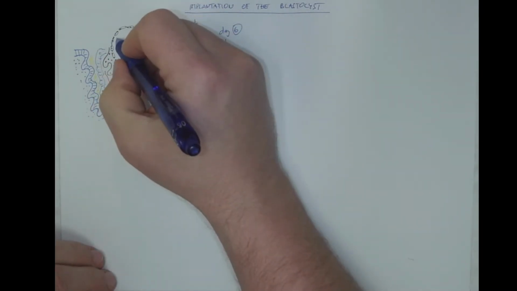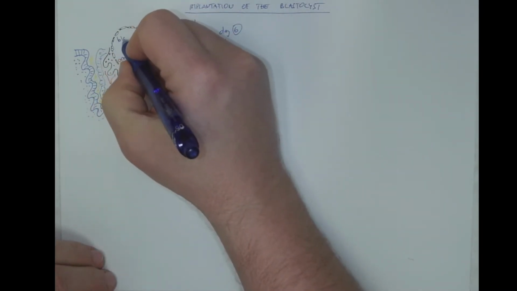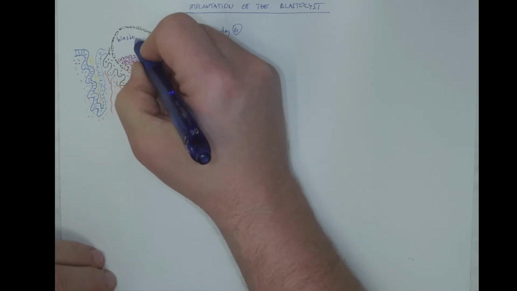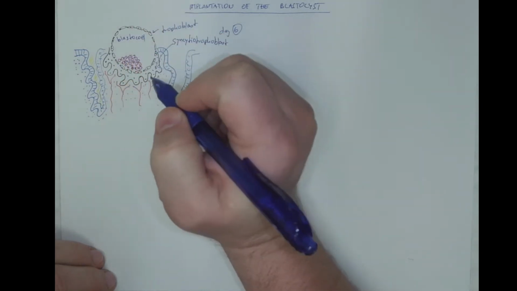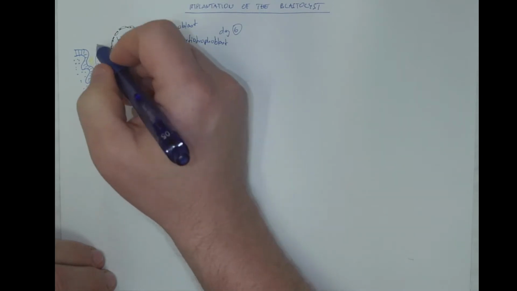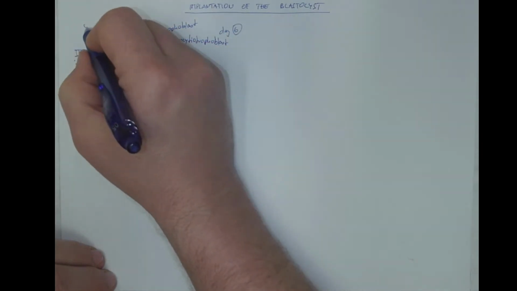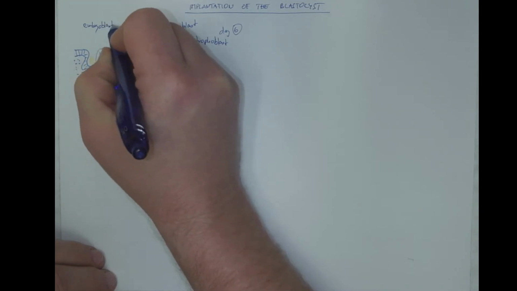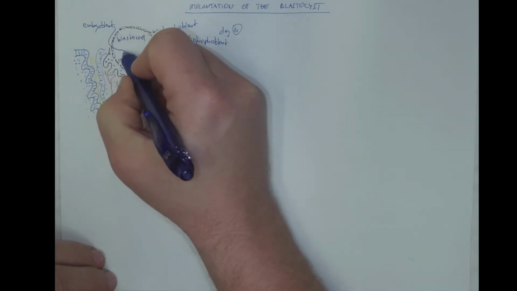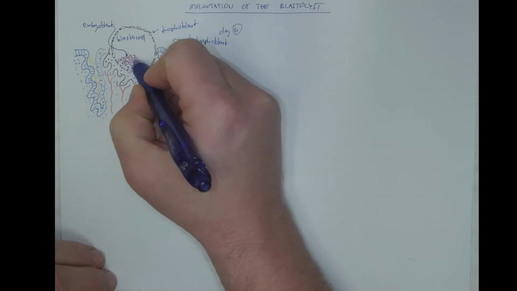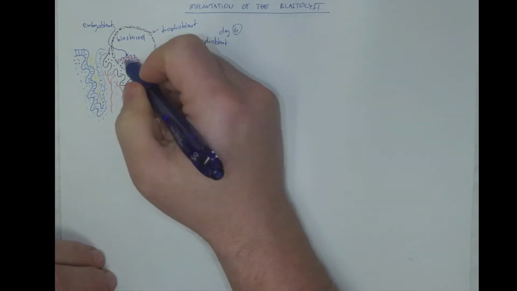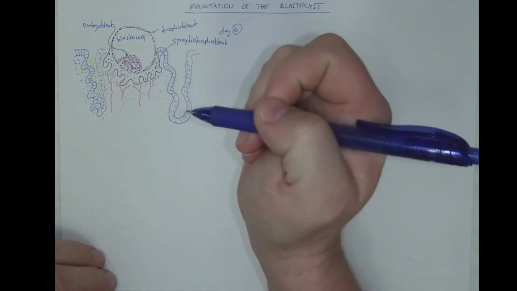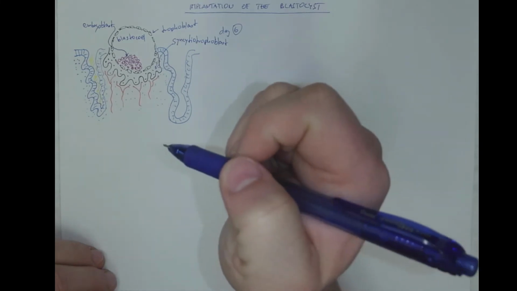Inside we have the cavity of the blastocyst. The cavity is called blastocoel. And we have the embryoblast, which is usually oriented on this pole that is the leading pole of the invasion.